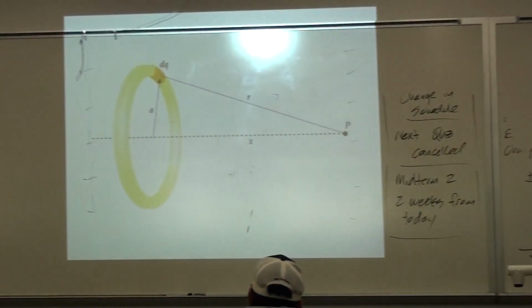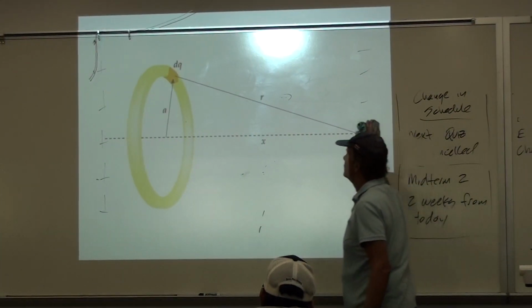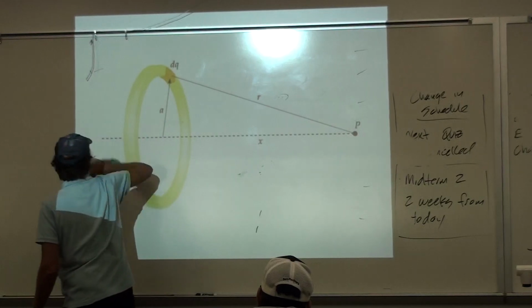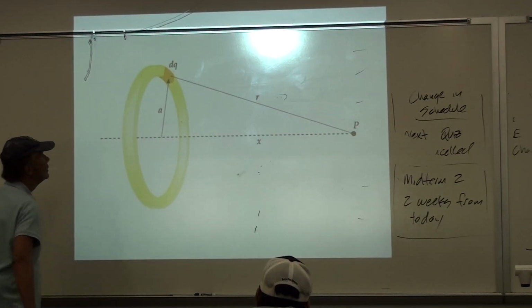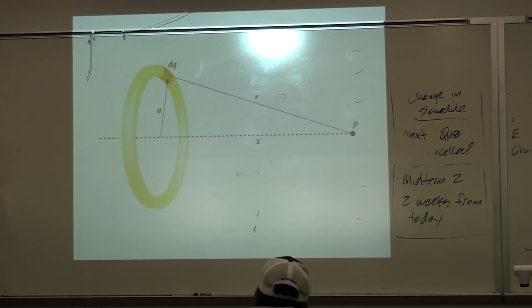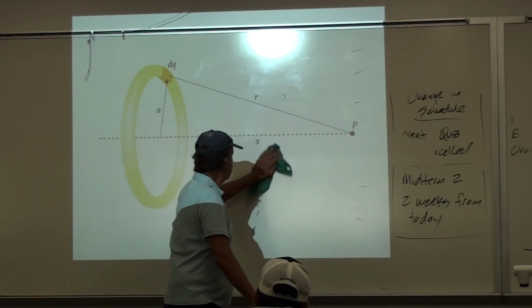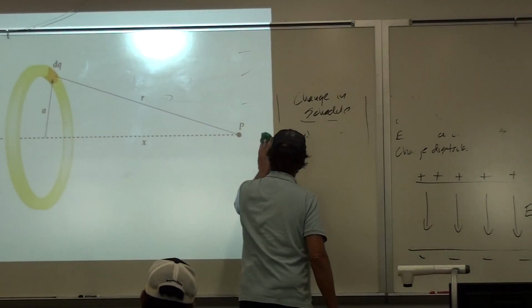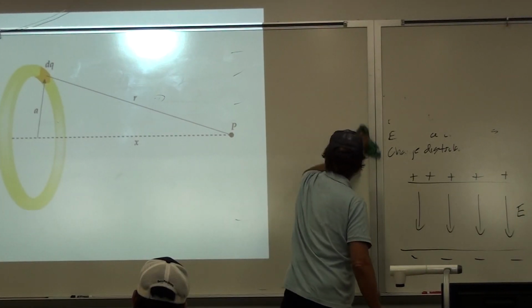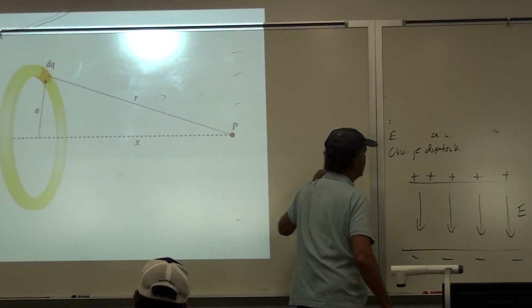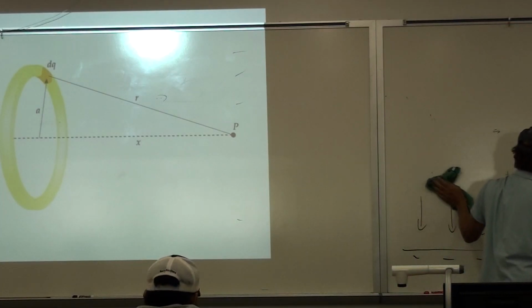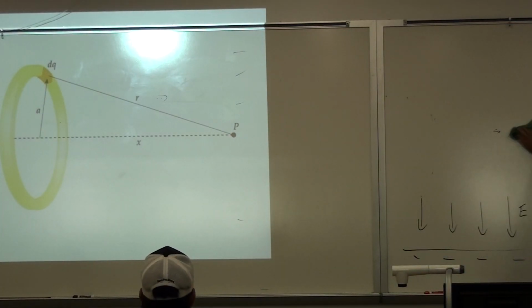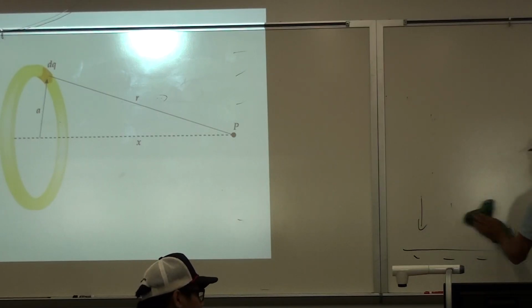So we would say this is a continuous distribution of charge because the charge is no longer at a point, but it's distributed around a thin ring. And so let's say that my goal here is to find the electric field along the axis of this ring. Let's say that there's a total charge Q distributed on this ring.